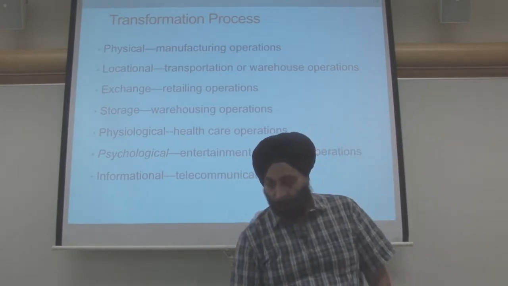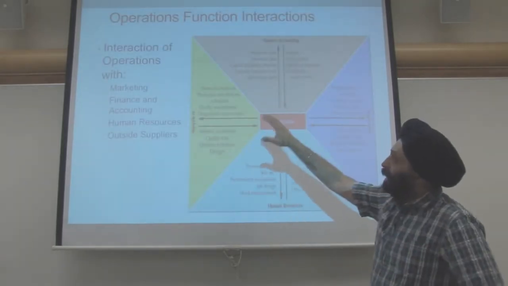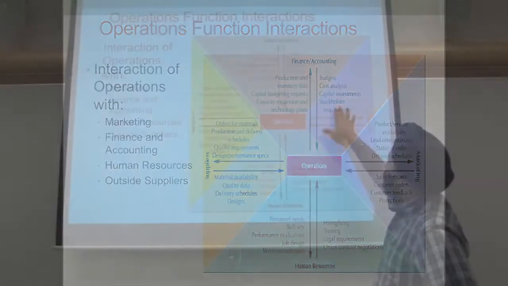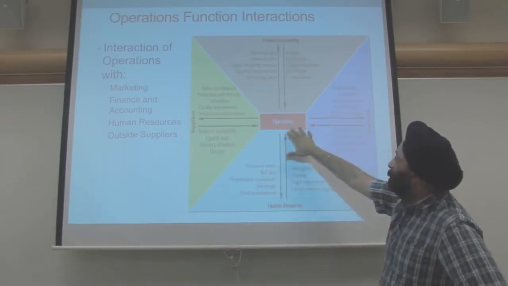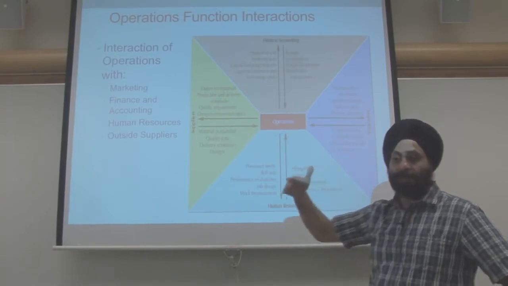Now, in terms of operations function interaction, we talked about interaction of operations with marketing. In this case, marketing and operations interact to address whether a product or service is available.